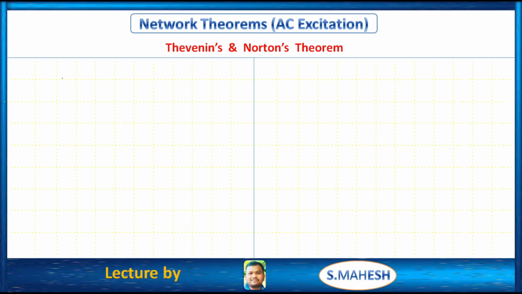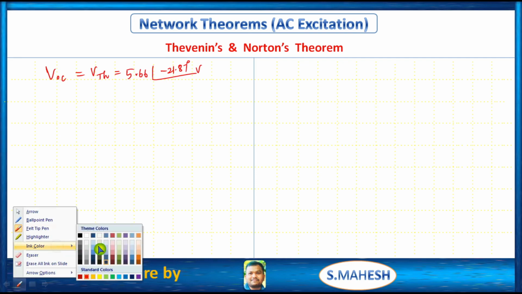From this we got the open circuit voltage, which is VTH, equal to 5.66 at an angle minus 21.87. This is the value of Thevenin's voltage.